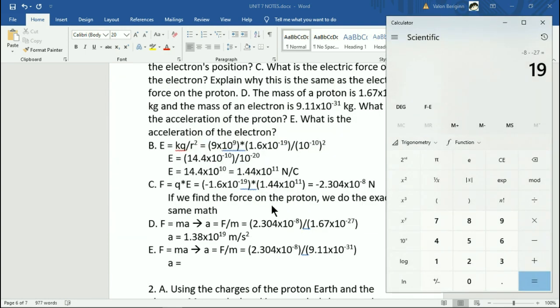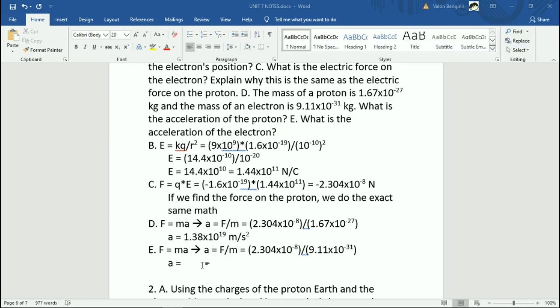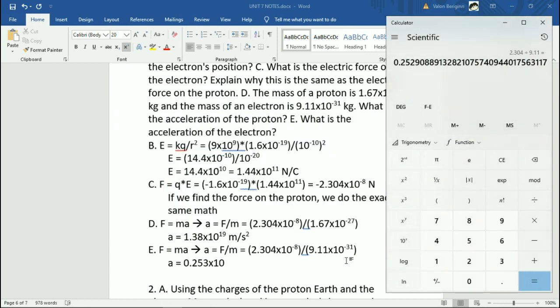Okay, so 2.304 divided by 9.11 gives you 0.253 times 10 to the, and this is negative 8 minus negative 31. Again, I don't trust myself. So negative 8 minus negative 31, 23.